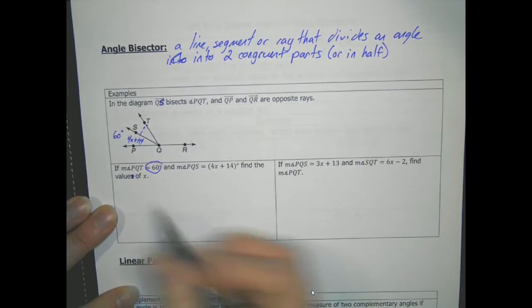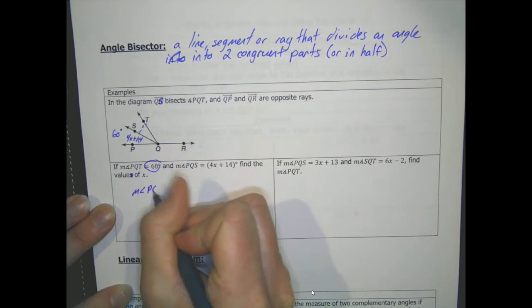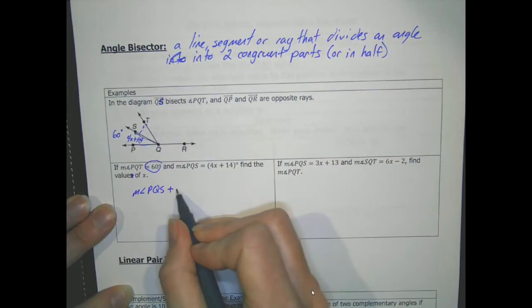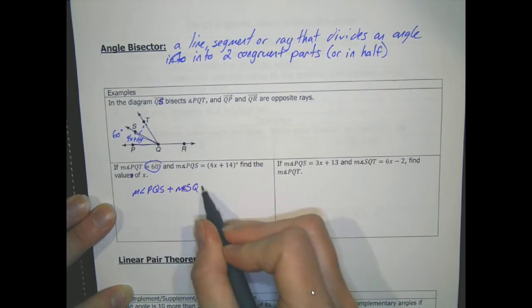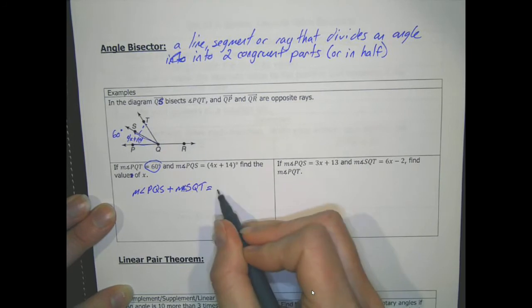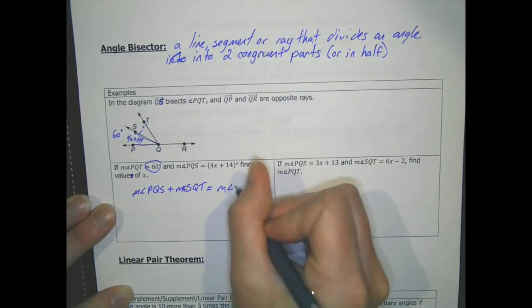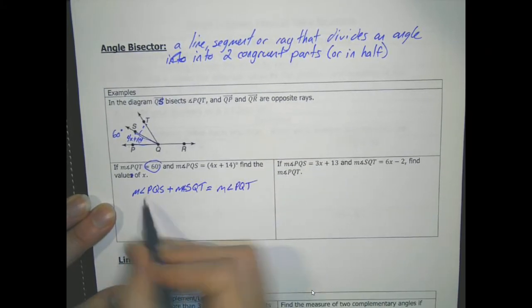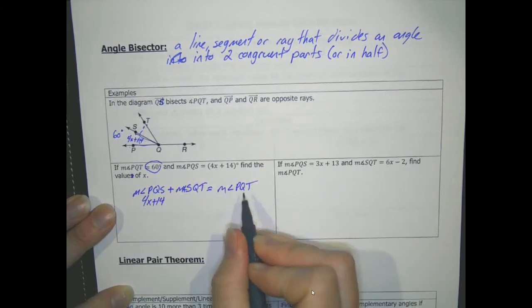Okay. You know part plus part is equal to whole, so I know the measure of angle PQS plus the measure of angle SQT is equal to the measure of angle PQT. The measure of PQS is 4x plus 14. That's one that I know.